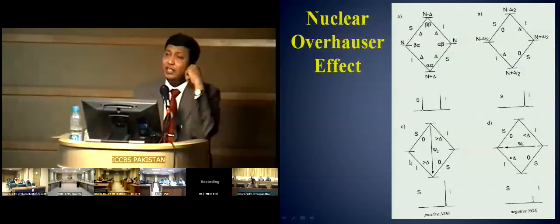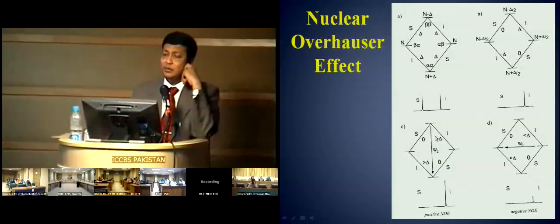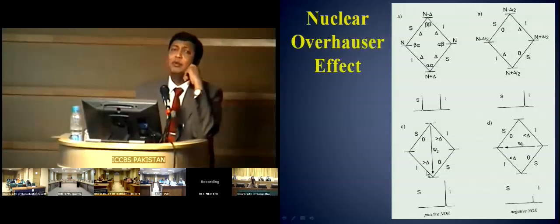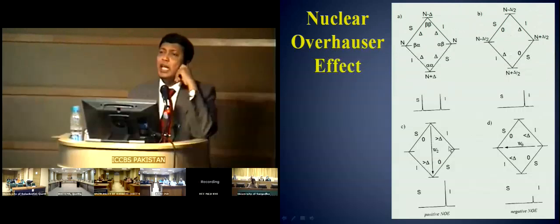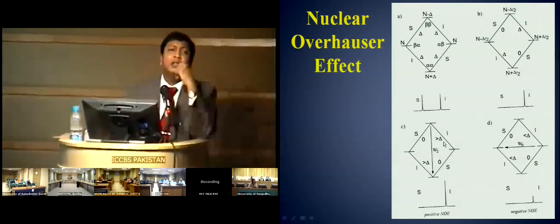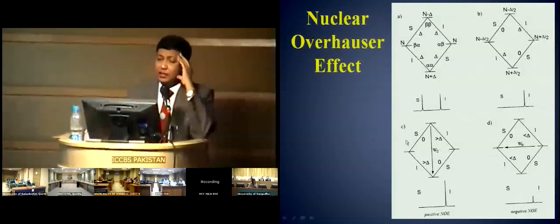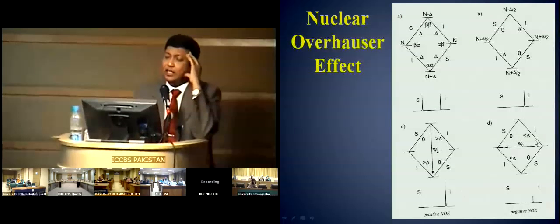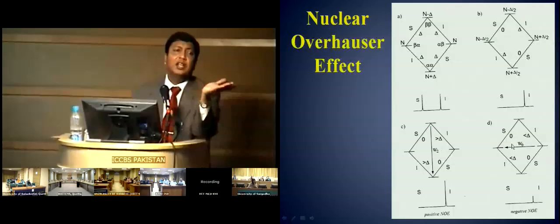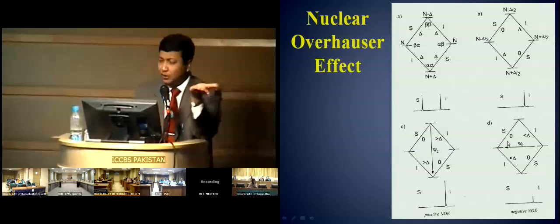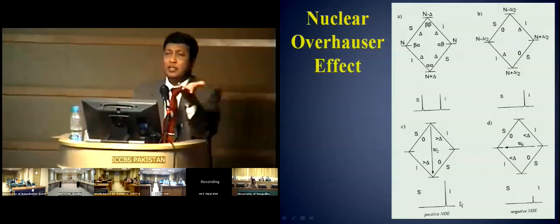So if you don't have anything which comes in resonance to receive this energy for W2 relaxation, and W1 relaxation is extremely efficient, you see no NOE. Right? And if you have a system in which W2 and W0 both are operational equally, then you see no NOE also, because negative and positive cancel.